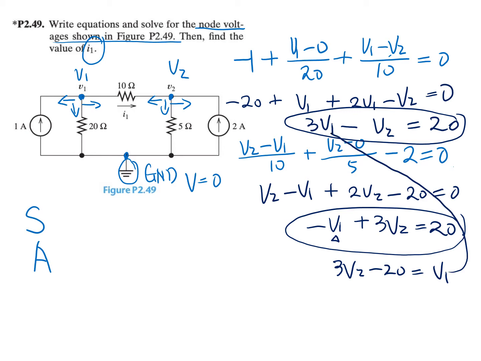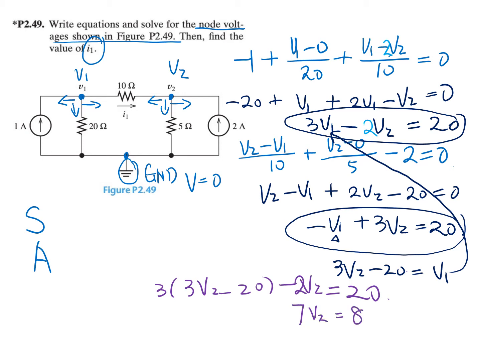So we substitute V1 here, then we are going to have 3 times (3V2 minus 20) minus V2 is equal to 20. Sorry, this is 3 here, and 3 here. Let's simplify this. We get 7V2 is equal to 80, and V2 is 80 over 7.